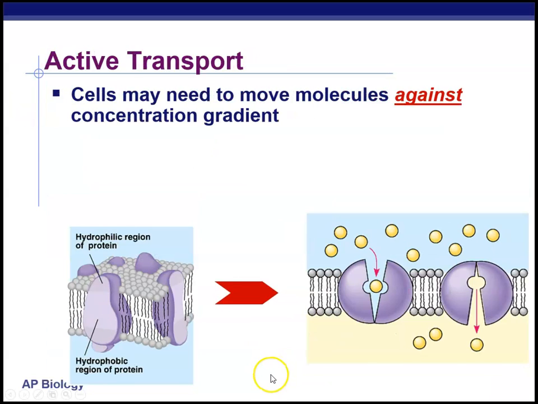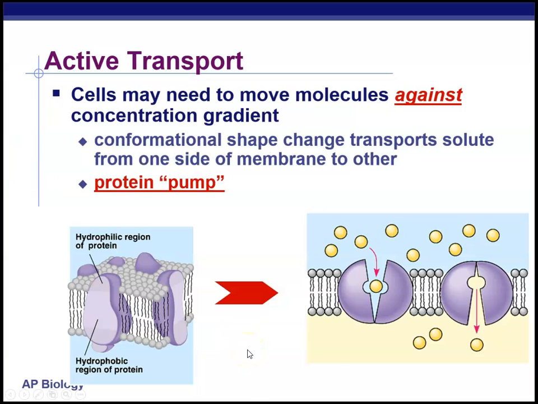Now there's another type of transport. The opposite of passive transport is active transport. This is when molecules need to move against the concentration gradient. Therefore, they're going to need some energy to do this. They're going to go from low concentration to high concentration.